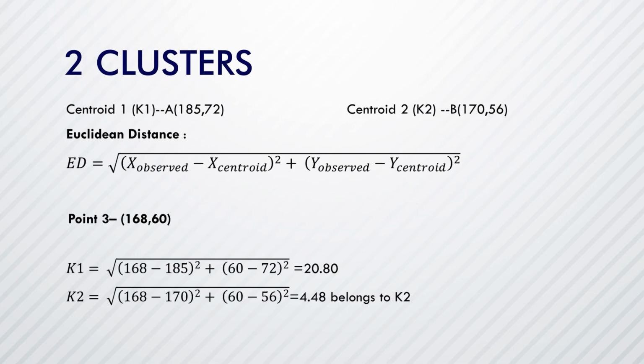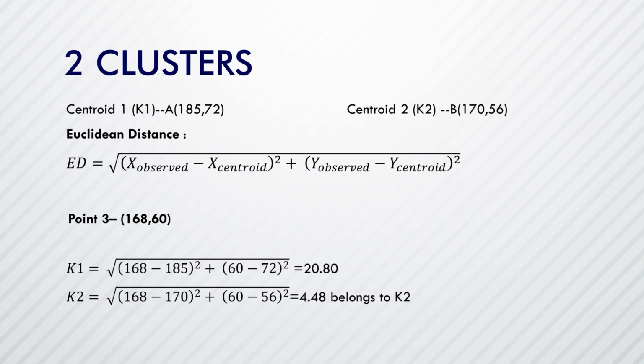Now check. Point 3 value is 168,60. You have to see whether point 3 is closer to centroid 1 or to centroid 2. Centroid 1 is 185,72. Put the values in: the observed x value is 168 minus the x centroid value 185, squared, plus the observed y value 60 minus the y centroid value 72, squared.